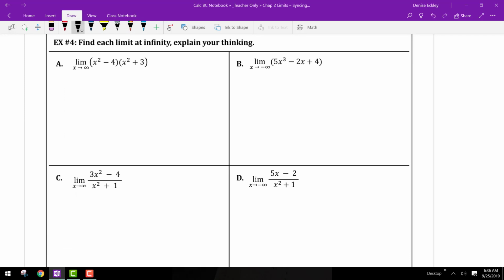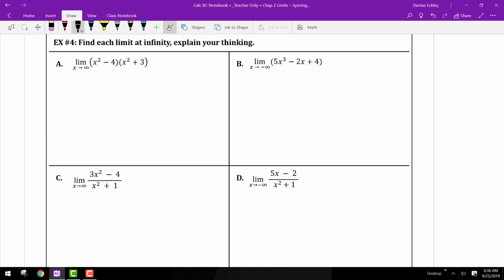The first one says limit as x approaches infinity, and what we have here is a polynomial. From our experience with polynomials, we know we have end behavior based on the highest degree and the sign of the leading coefficient.